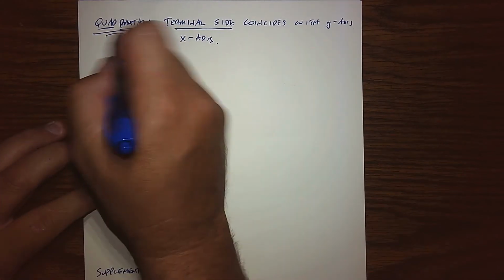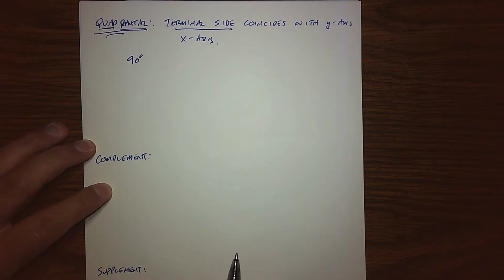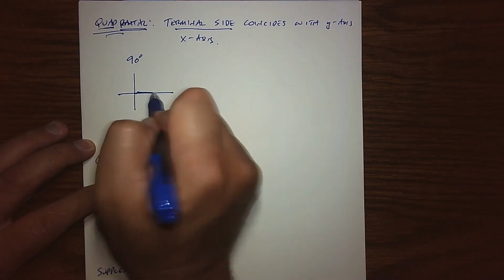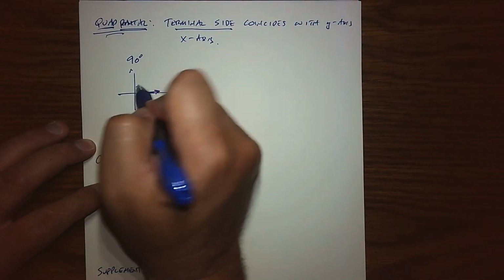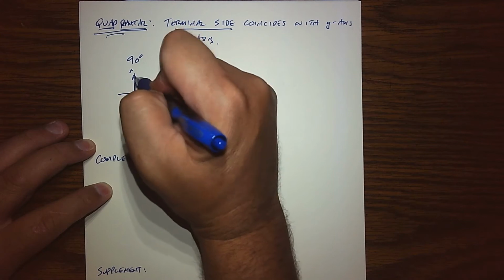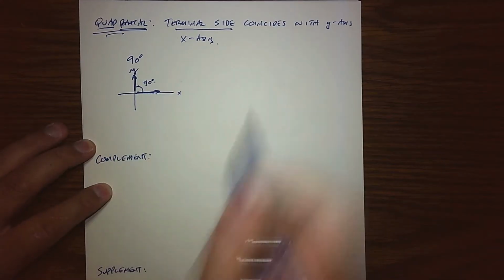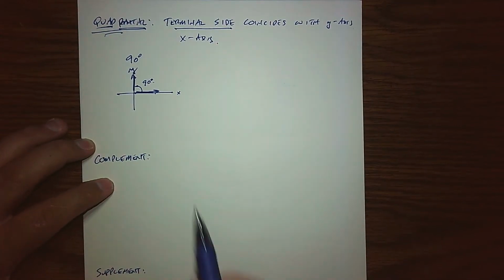So one of our first quadrantal angles is 90 degrees. When we redraw that, we start along the positive x-axis, and when I go through that quarter rotation, the terminal side coincides with the y-axis. So there's one quadrantal angle. Of course, what's the next one?